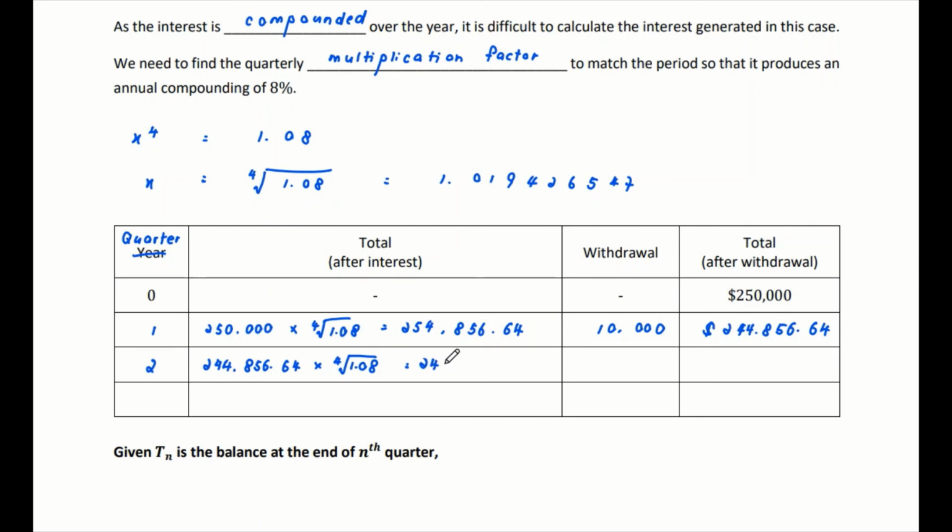So we get 249,613.36. Again, we draw another 10K. So in our account, we are left with 239,613.36. Moving forward to the third quarter, you have this amount of money.